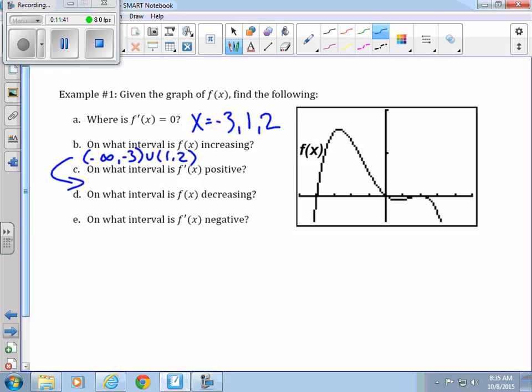So we would be decreasing from -3 to 1 and from 2 to infinity. Very much correlated to the first derivative. You can find when a function is increasing when the first derivative is positive. You can find when it's decreasing when the first derivative is negative.